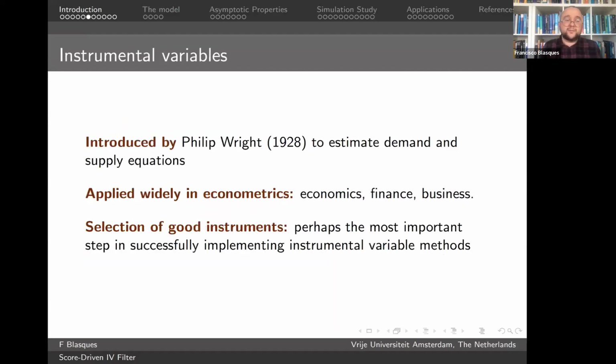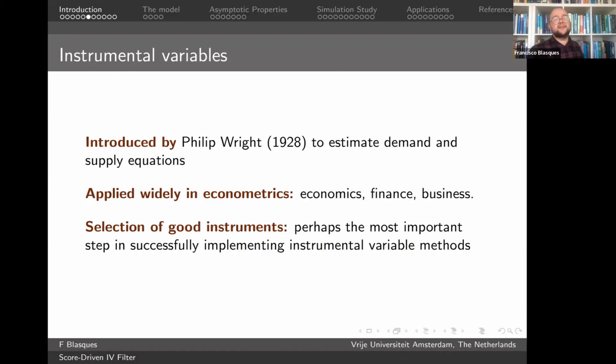Right, so we are going to approach this by sticking to the last one, instrumental variables, right? Instrumental variables were introduced a long time ago, maybe not all of you are aware of that.